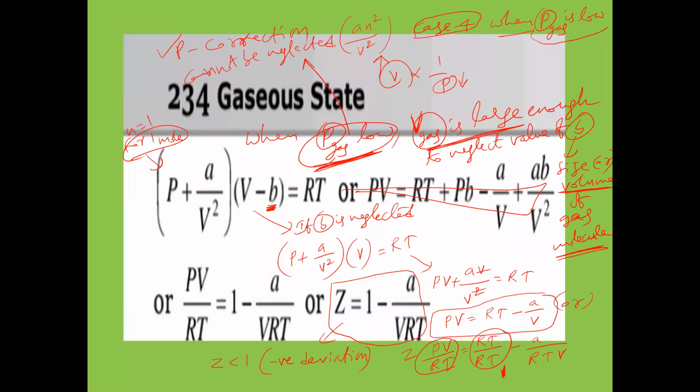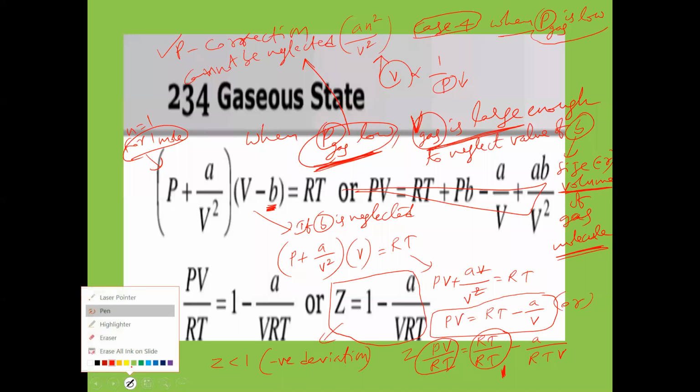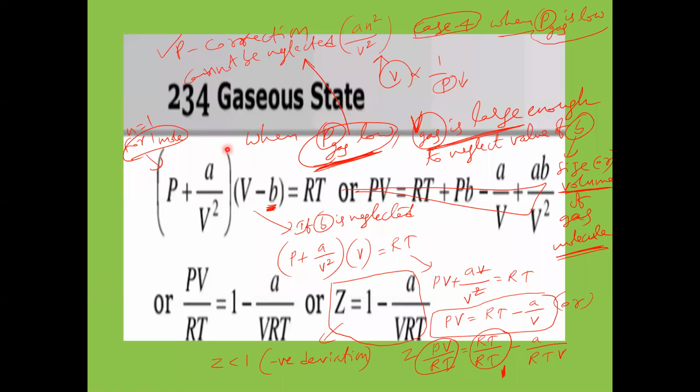When pressure is low, the volume is large enough to neglect b. Is that clear? But we cannot neglect the pressure correction. So this point we have to understand clearly. Is the concept clear? So when pressure is low, the volume of gas is large enough to neglect the value of b.